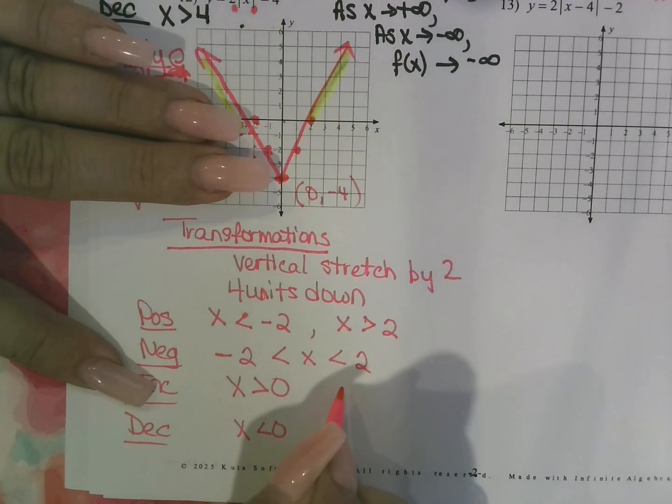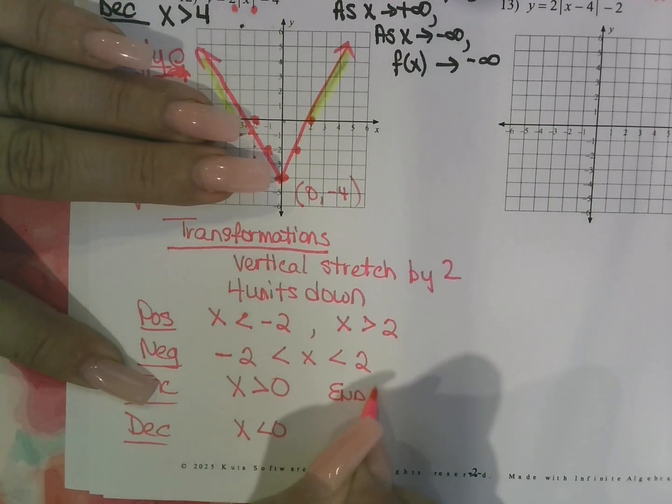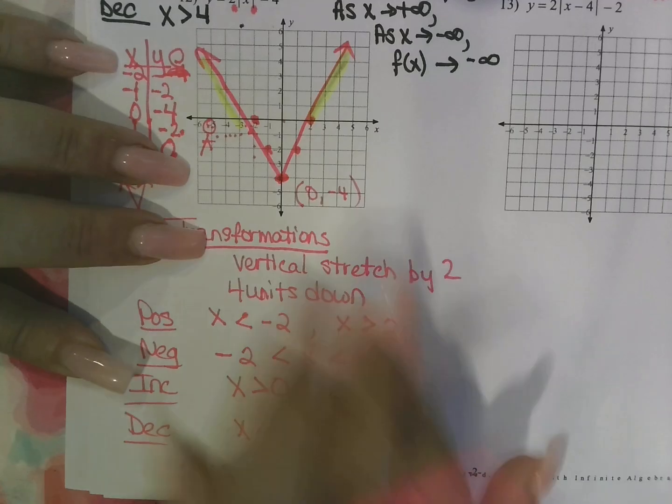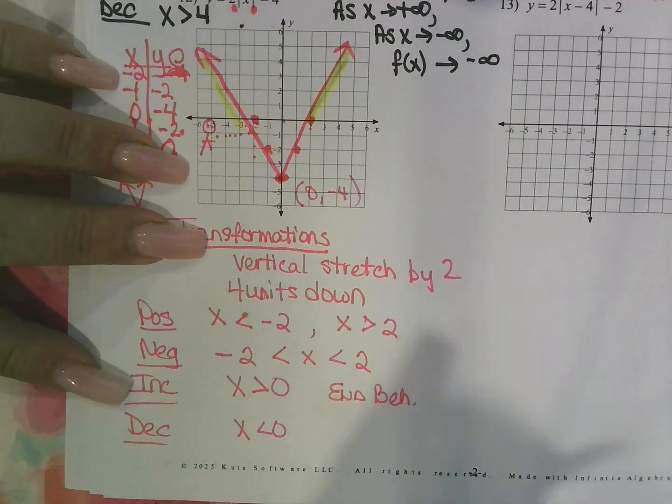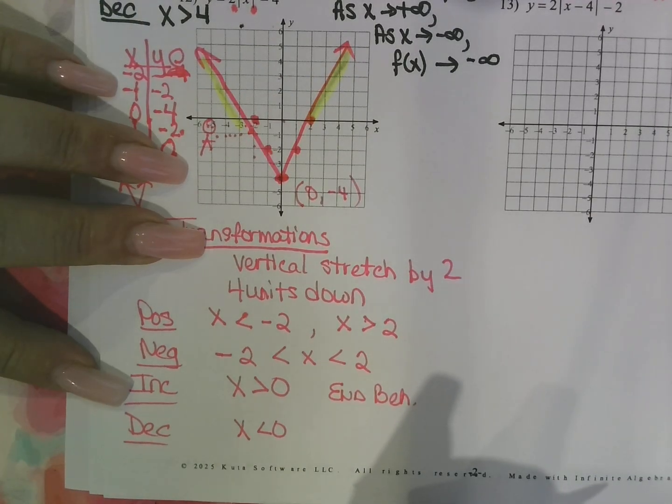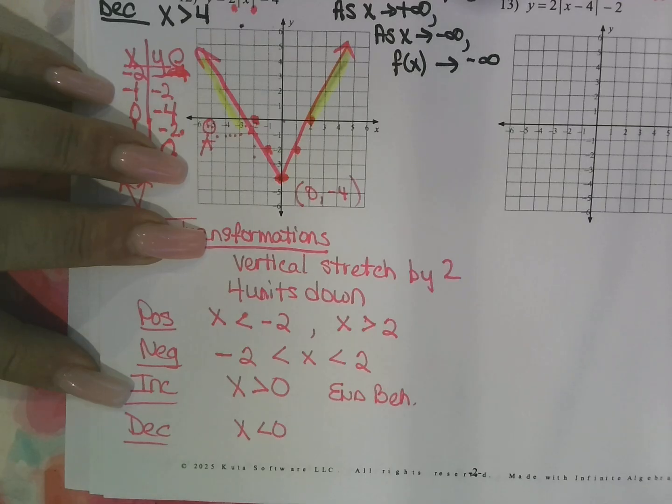And we need the end behavior. Now this one is opening up and up, so I'll tell you right now, the end behavior is going to be positive infinity, positive infinity. Oops, sorry about that. Sorry, I'm getting some messages here on my computer.